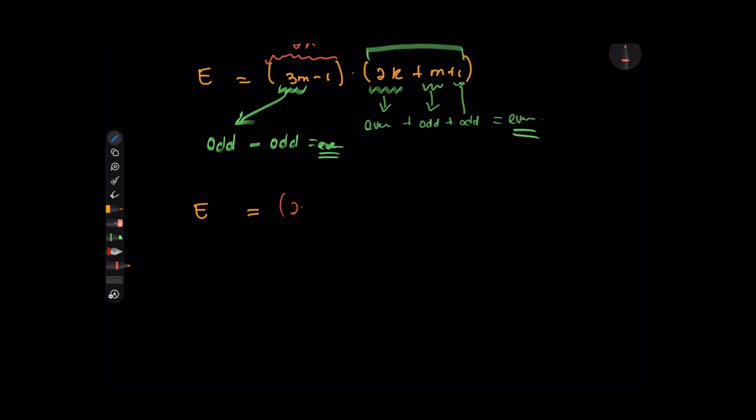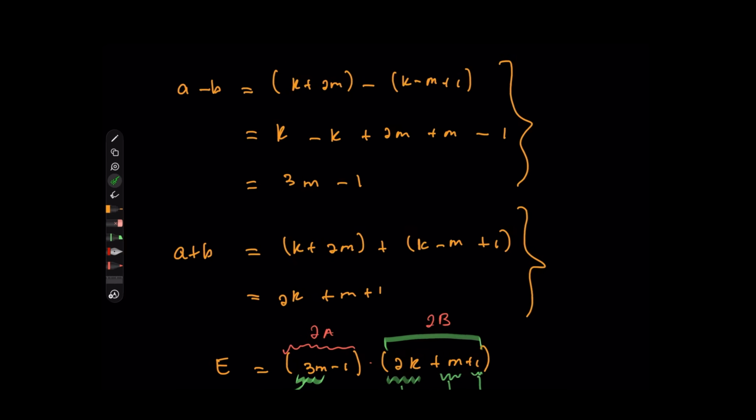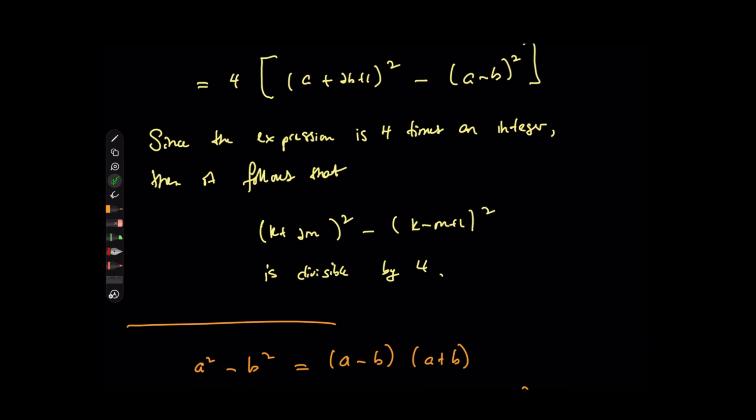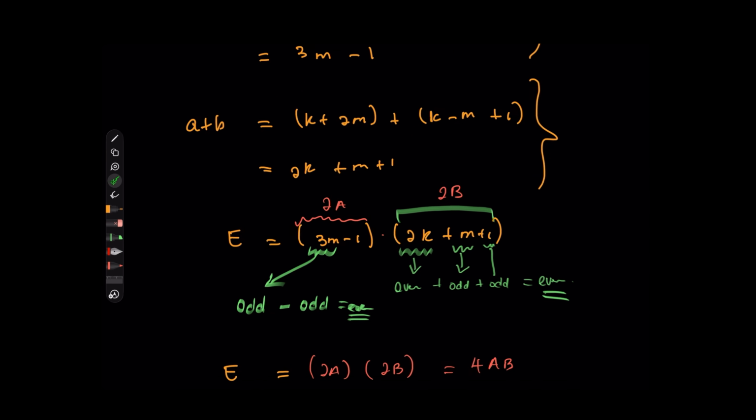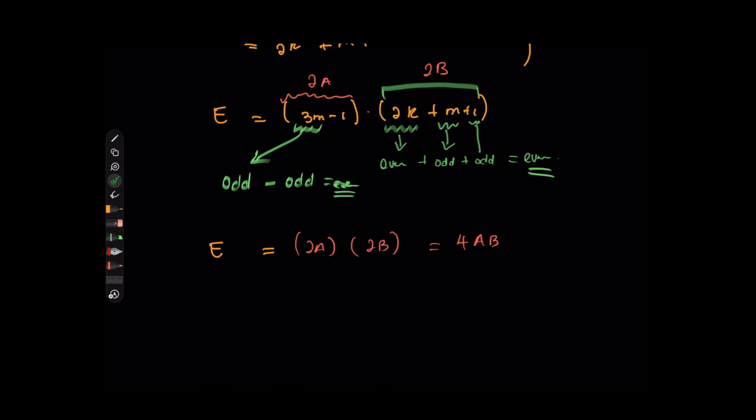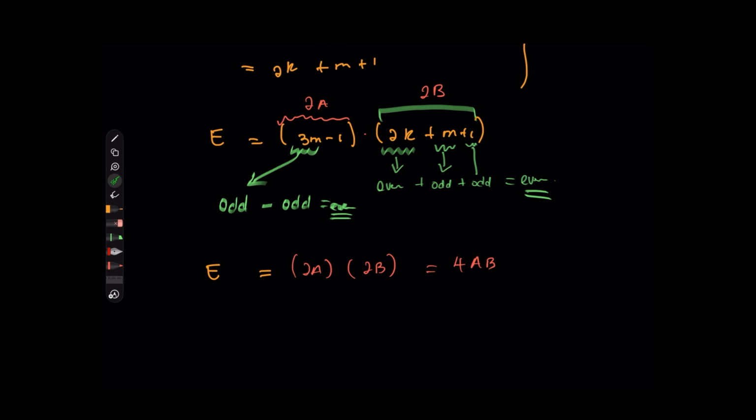So it'll be 2 by A multiplied by 2 by B, which is 4 A by B. And this again is of the form 4 by some integer A by some integer B. So it looks just like the method that we did before. Same construction. This is another way that we could have done this, but of course using the properties of even and odd integers is much simpler and straightforward.